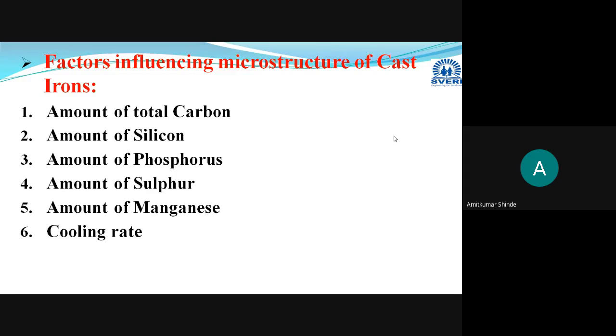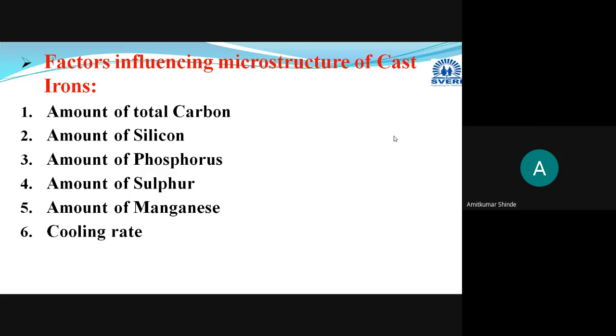Whenever rapid or faster cooling rate is there, white cast iron is formed, and for slow cooling rates, gray cast iron is formed. Okay, so these are the factors which will affect the microstructure, and due to that change in the microstructure, different types of the cast irons will be formed.